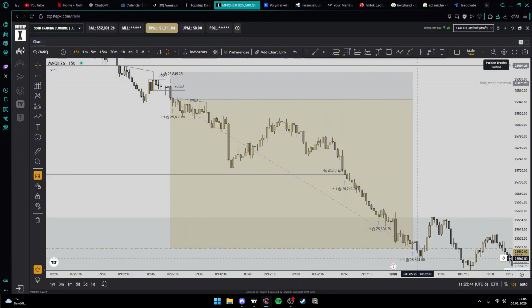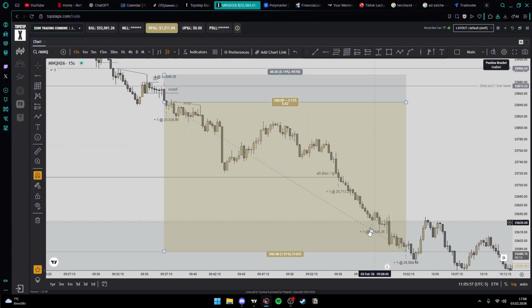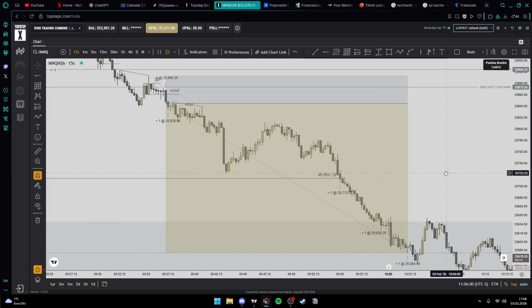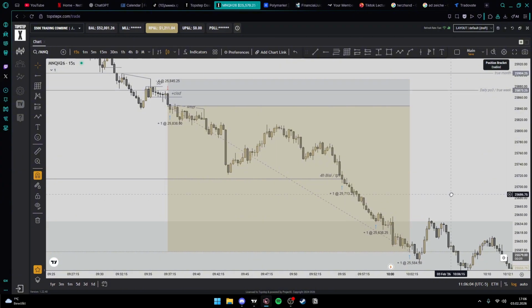The take profit was only one contract, so I took the first partial at the 4 hour BISI, one at the start of the new week opening gap, and one at the C. These two partials were near equilibrium, so there were high probability reversal points.